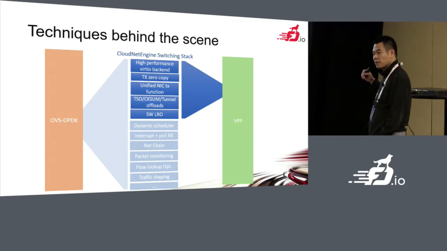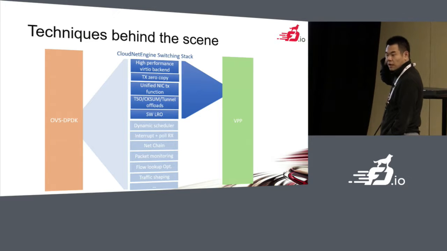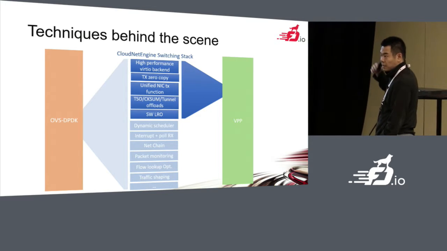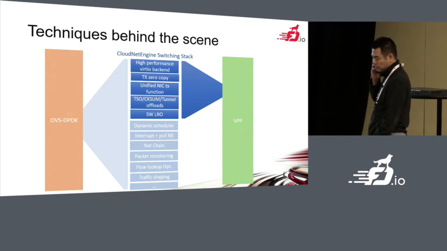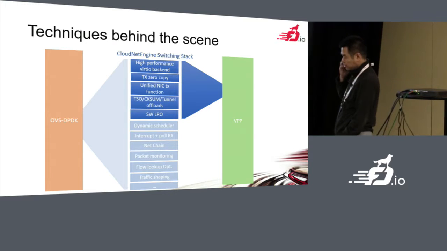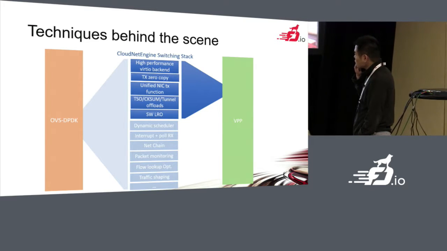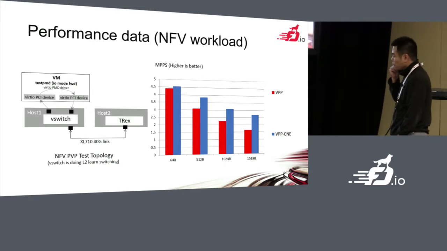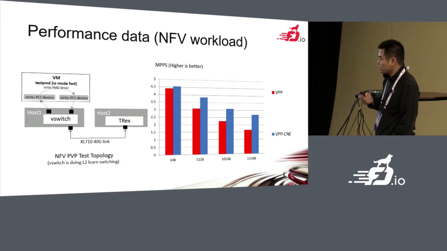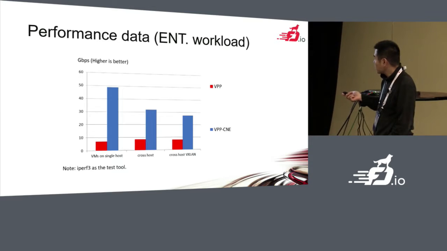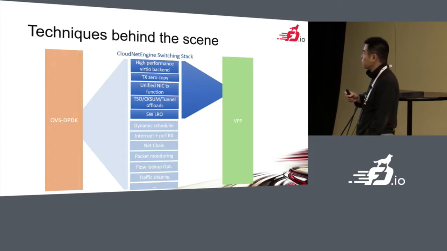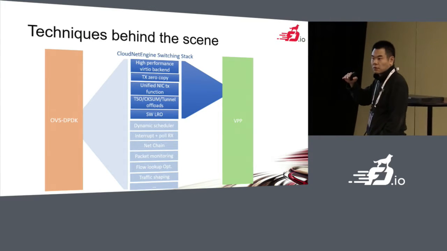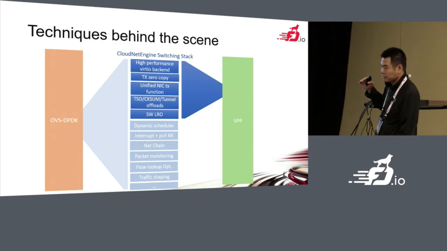So that's going to be much more complex, and it needs DPDK to be enhanced to really support zero copy. Back to this slide, for VNF workload performance improvement, most of the benefit comes from the top two: the high performance virtio backend and the TX zero copy.